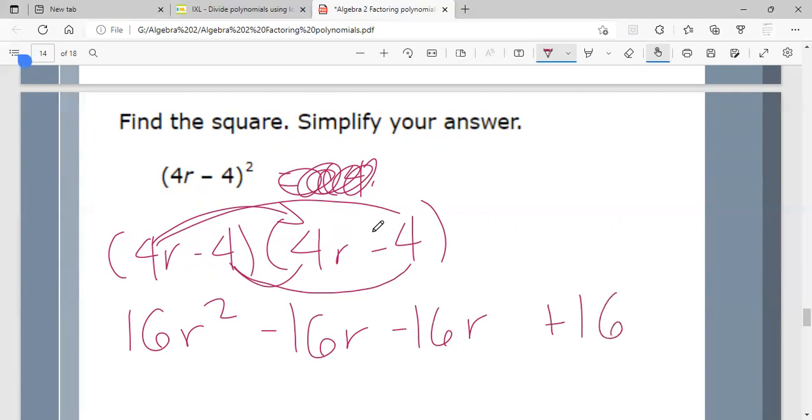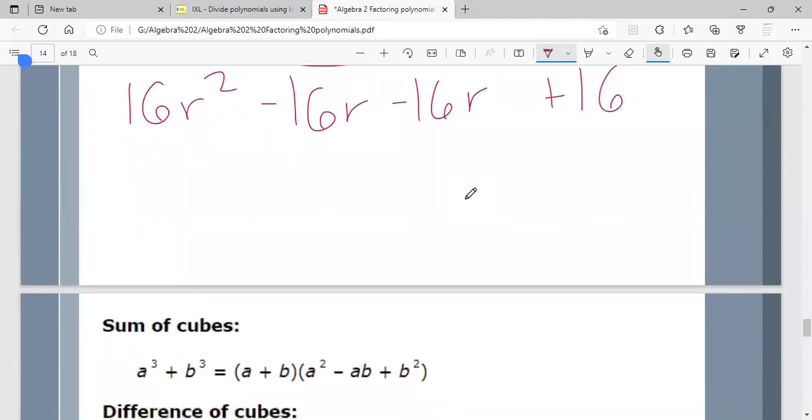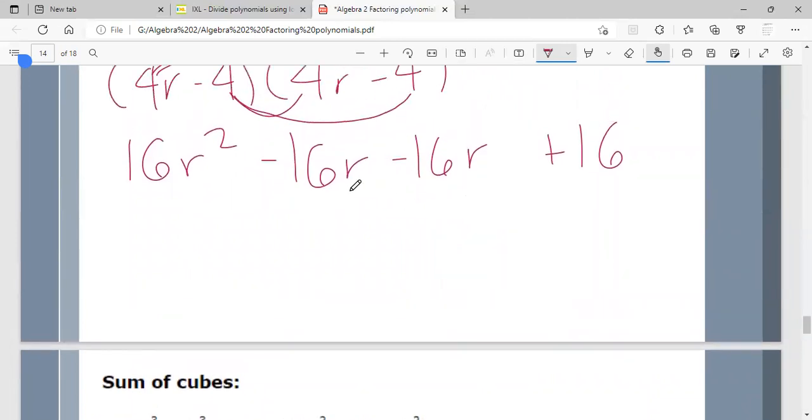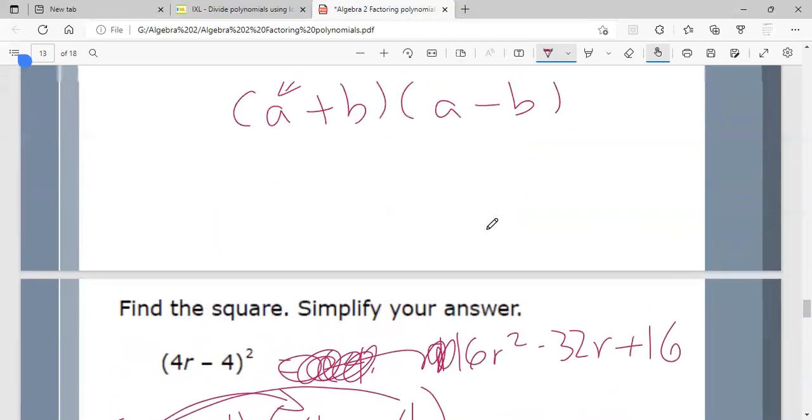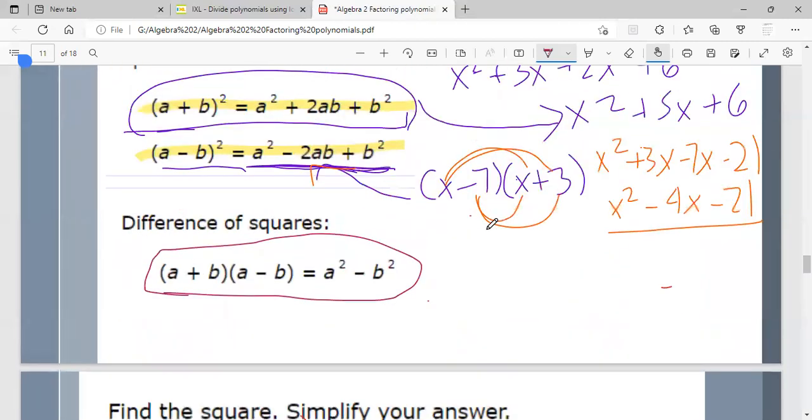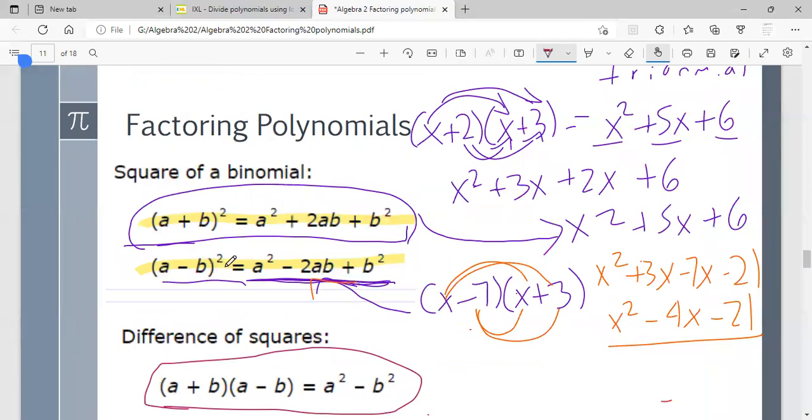So when you combine, your final answer is going to be 16r squared minus 32r plus 16. All right. And this is for factoring. Okay, we just did the factoring techniques of that. All right. So let's make sure that we got answers that look the same. So again, we have our work look just like that.